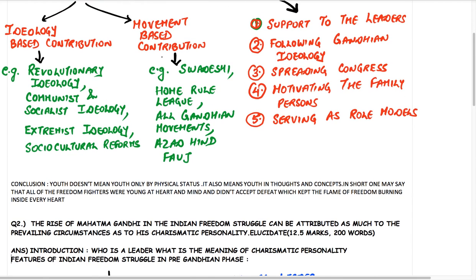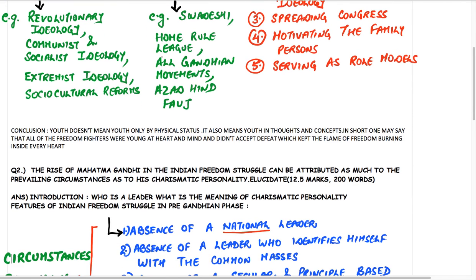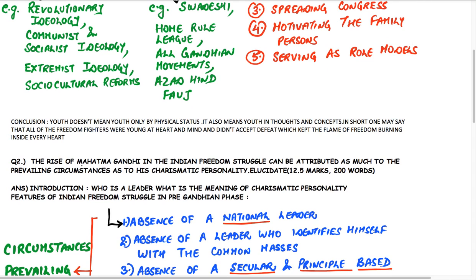The second crucial question which can be asked from modern India is, the rise of Mahatma Gandhi in the Indian freedom struggle can be attributed as much to the prevailing circumstances as to his charismatic personality. Elucidate. Now this word elucidate means prove. That means you can't deviate from the statement. This is a statement based question, and this question is saying Mahatma Gandhi rose in the Indian freedom struggle because of two things.